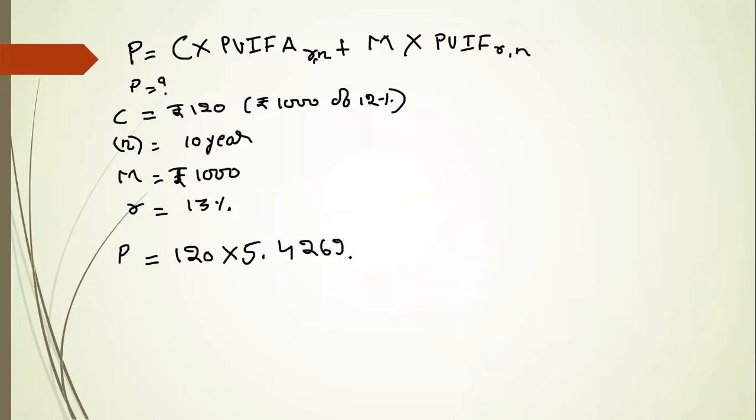So 120 into 5.4262, plus M, the future maturity value, rupees 1000 into the present value interest factor.